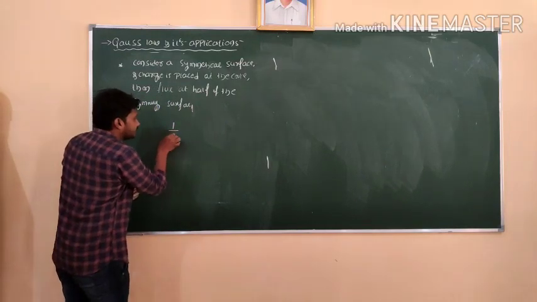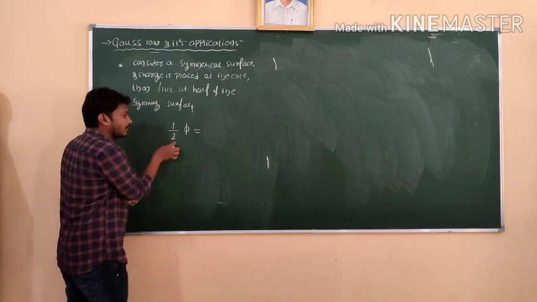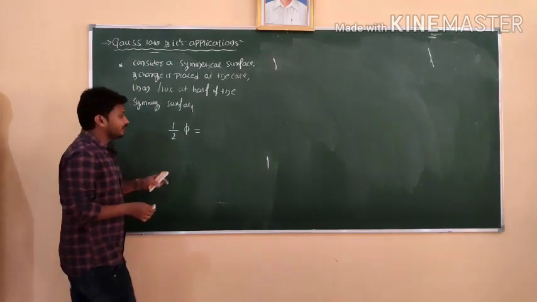So the symmetrical surface is divided into two equal parts means 1/2 or half of the flux value.